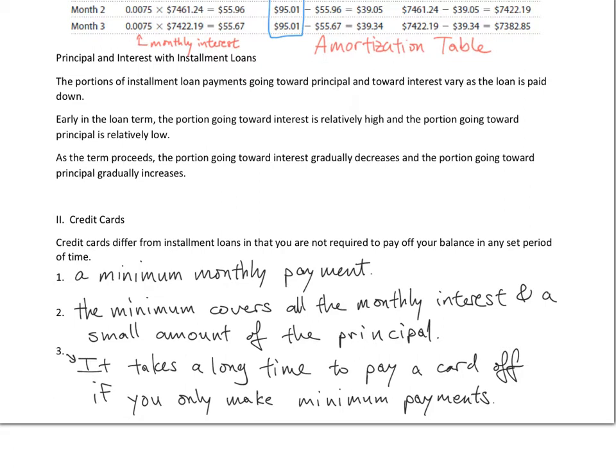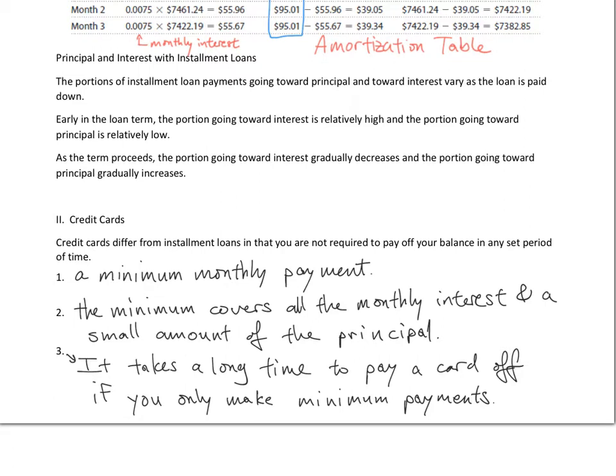A minimum monthly payment. There's a minimum monthly payment that you have to make every single month. And it could change. If you have a large balance on your credit card, then your minimum monthly payment would be bigger than if you had a small balance on your credit card.